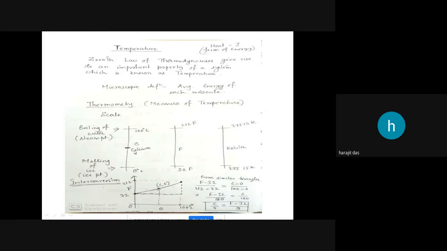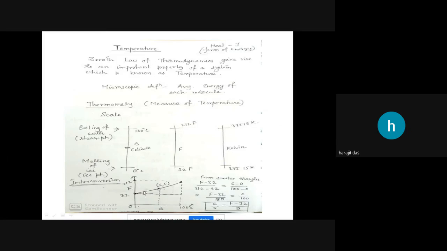So we need to find out the relation between these 2 points in terms of Celsius and Fahrenheit. So let us join this triangle. Then you can join this line also by dotted lines. Though it looks like a firm distinct line, you need to join it by a dotted line, because we are concerned with temperature.